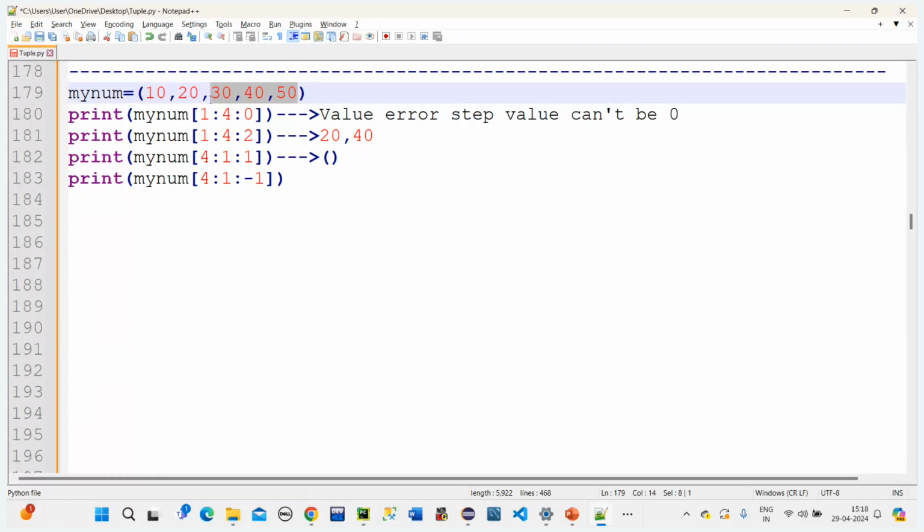Yes, second index is done. Now when the second index is done, that's it, right? It cannot go to this first index. It is written here, but it should go 1 minus, right? So 1 minus, 4 to 1. So it is up to second index only. So the output should be here how much? 50, comma 40, comma 30. Why? Because it is negative, so we are going in reverse direction.